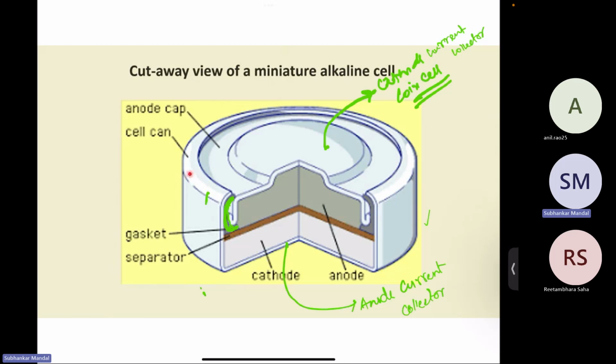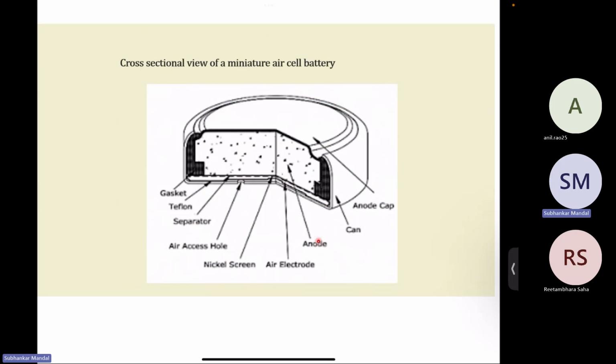So your cathode and anode will be separated by the separator. And in this part you can see the insulating layer, this black kind of thing, so that the cathode side and the anode side do not touch each other. That way, this cell is made. There is another thing, the air cell, and I will show more details in the schematic.